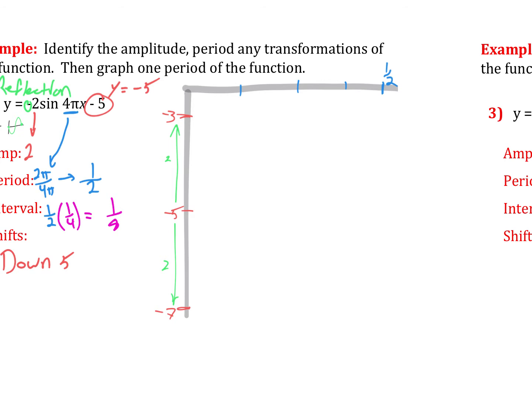So we have 1/8, 2/8, 3/8, 4/8. 1/8 does not reduce. 2/8, that's actually 1/4. So let's call that 1/4. 3/8 does not reduce, and 4/8, well, we already know that that's 1/2.